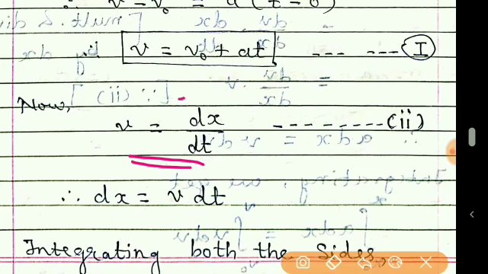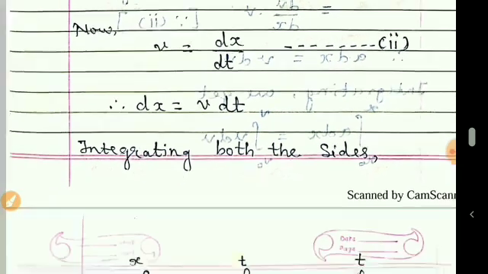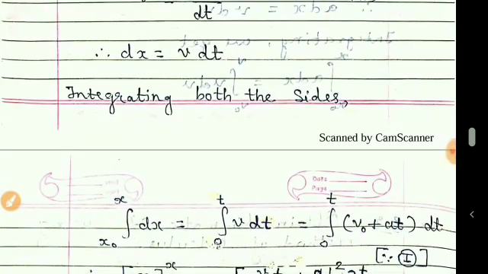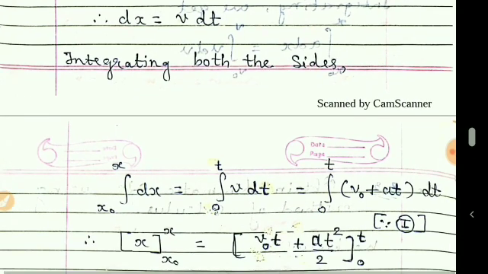Now next is to make dx the subject. We will bring this dt to this side, so dx is equal to v into dt, but this is for very small changes. Now to find the entire change, we will integrate as usual.